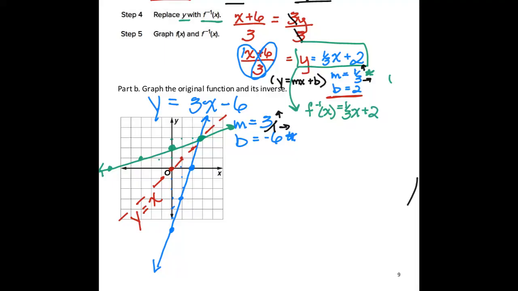That is my line of reflection, because if I took a piece of paper and folded along that line, you would have these two lines, those two graphs, line up one on top of the other. That's how you can tell you have inverses. Okay?